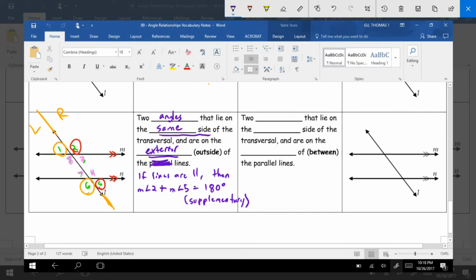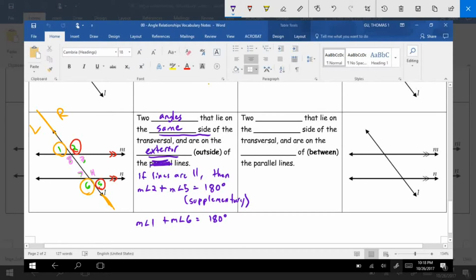All right, and also, what else do you think we can say? We can also say that the measure of angle 1 plus the measure of angle 6 equals, what do you think it equals? 180 degrees. Supplementary. So, if the lines are parallel, then the same side exterior angles are supplementary. They add up to 180 degrees.